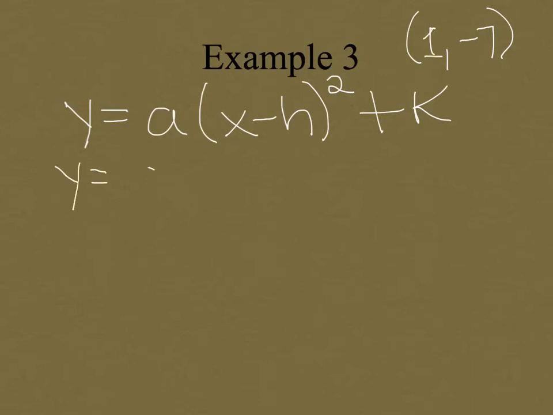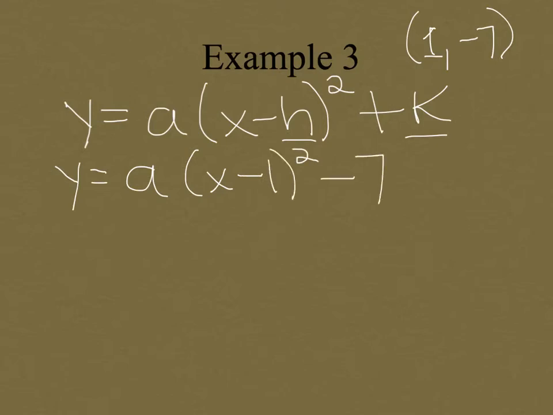So I'm going to plug in the coordinates of my vertex. Again, h and k represent the coordinates of our vertex. So we get a times x minus 1 quantity squared. And then we're going to have a -7 in the position of k, because k again is our y-coordinate. So this is h and this is k. So I substituted those values in.